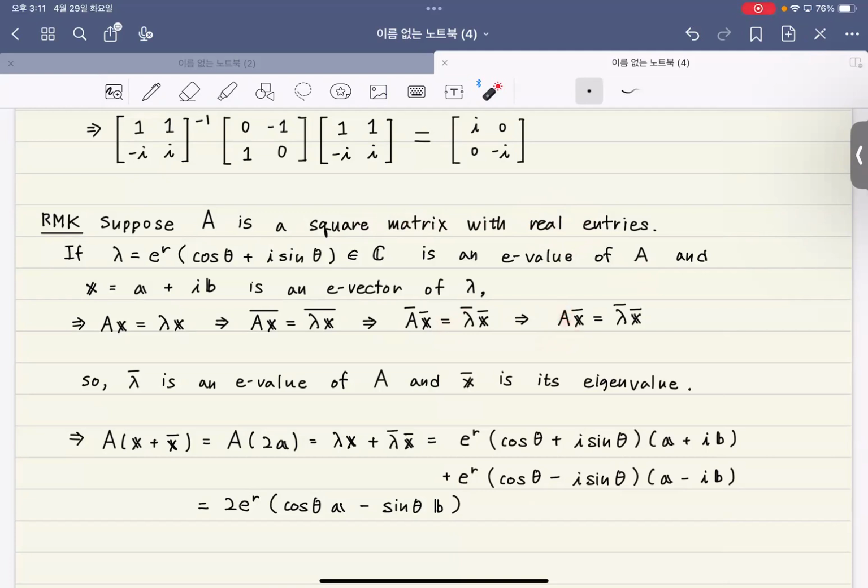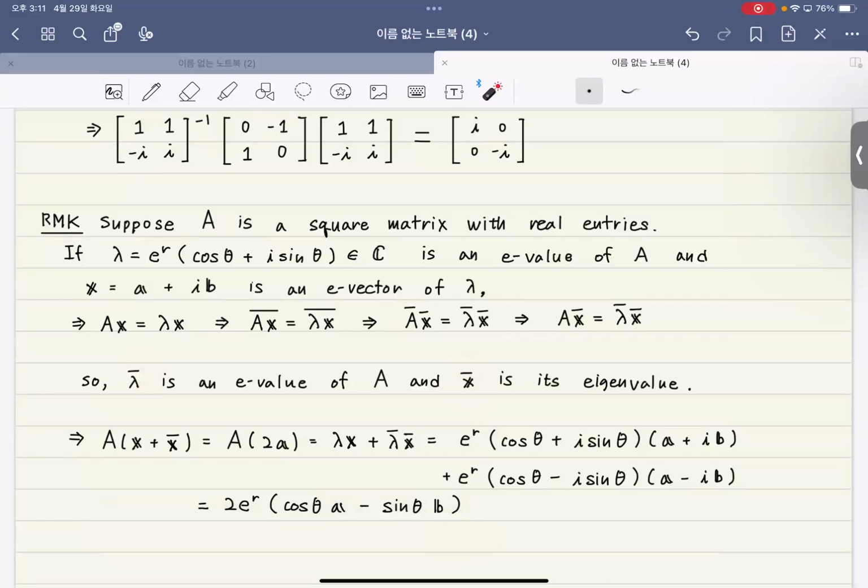So A times x bar is lambda bar times x bar. So what do you know here? If lambda is an eigenvalue, then lambda bar is also an eigenvalue of the same matrix A. And in that case, you automatically get the eigenvector of this one, which is x bar.